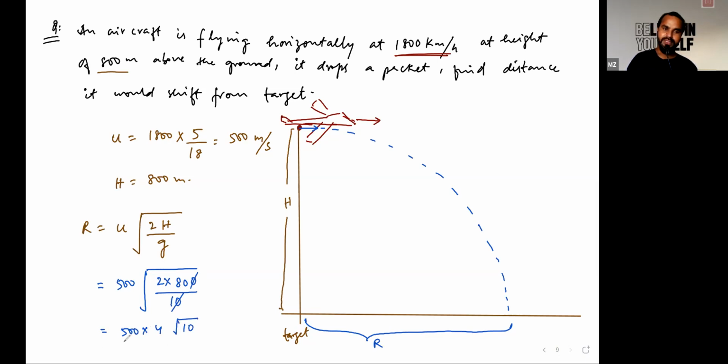So 5 into 4 is 20, giving 2000, so we can write 2 root 10 kilometers. Now it is clear. Now it is correct, Khalid.